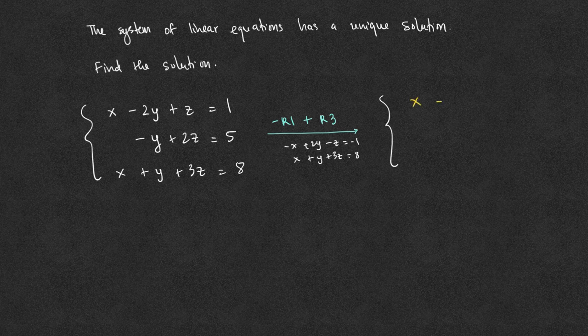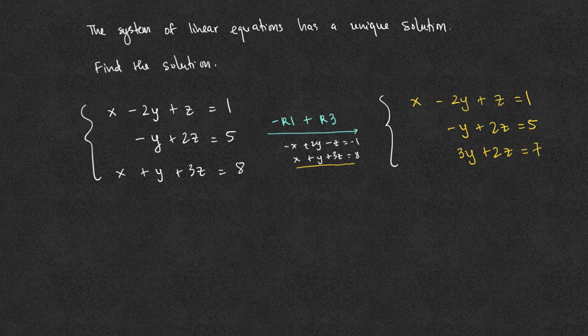This is x minus 2y plus z equals 1, negative y plus 2z equals 5, and if we perform this operation, we will get 0x plus 3y plus 2z equals 7.